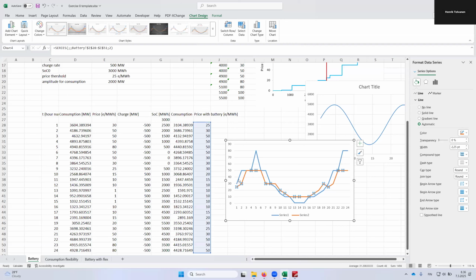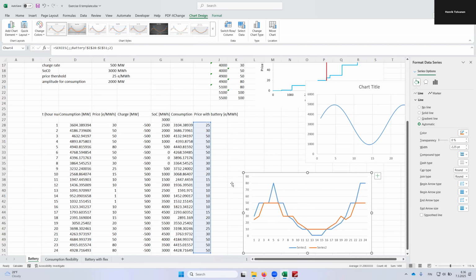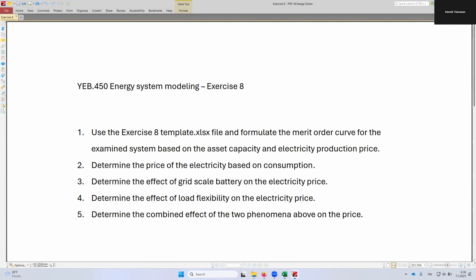You can see that it cuts the peaks and fills in the valleys, so it's going to make the deviation in the electricity price smaller. So there we have the first part, determining the effect of the grid scale battery on the electricity price.